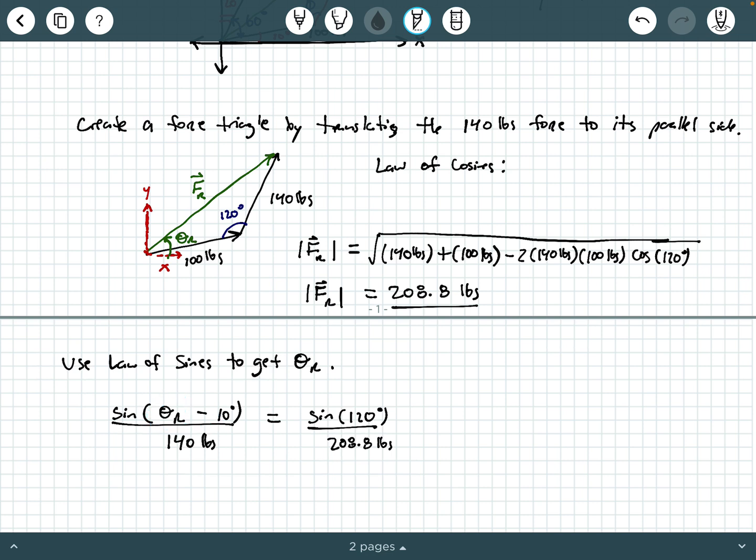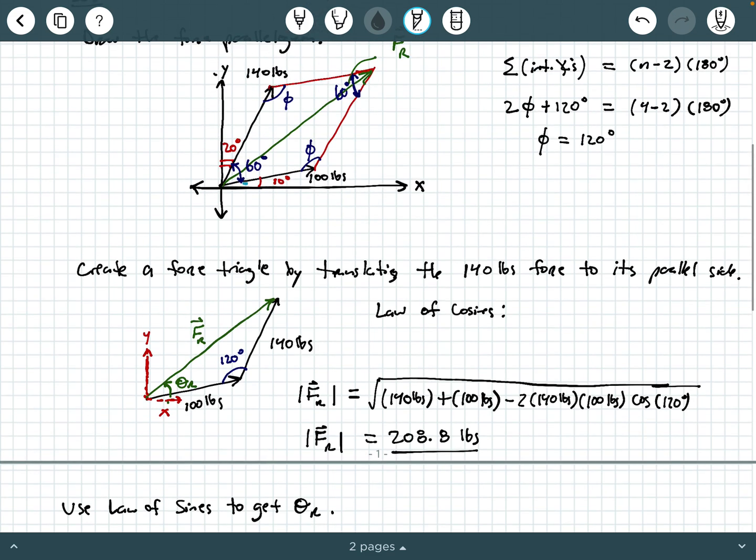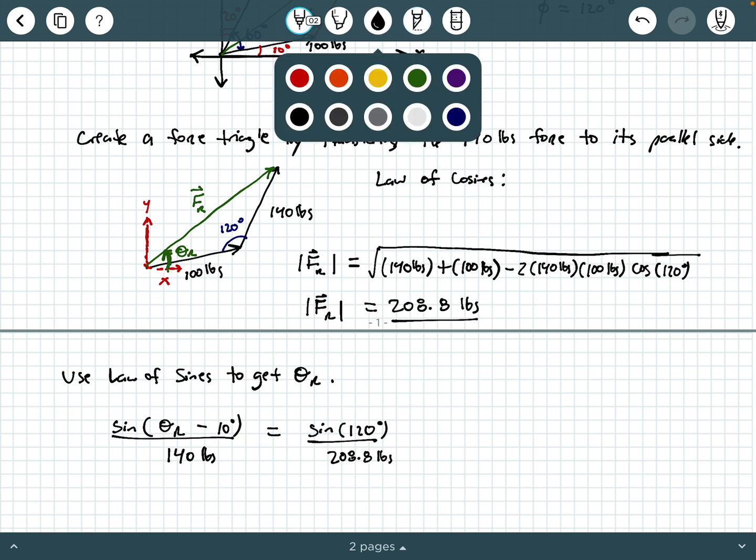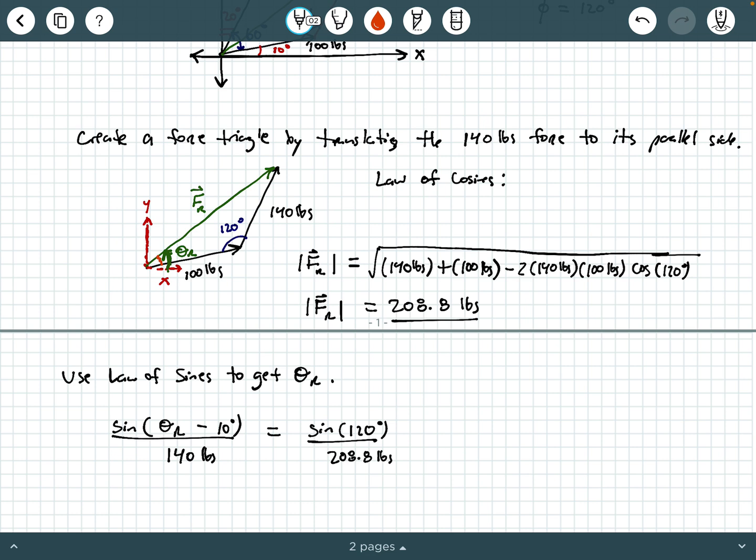Well, remember, you're looking for the angle theta r from the positive x-axis counterclockwise up to F sub r. To get that, you have to move through that little 10-degree angle that is already here in between the 100-pound force and the positive x-axis. We've got to rotate through that 10 degrees. So I'm saying sine of theta r, which is this total angle, minus this little sliver gives me this little interior angle of my triangle.